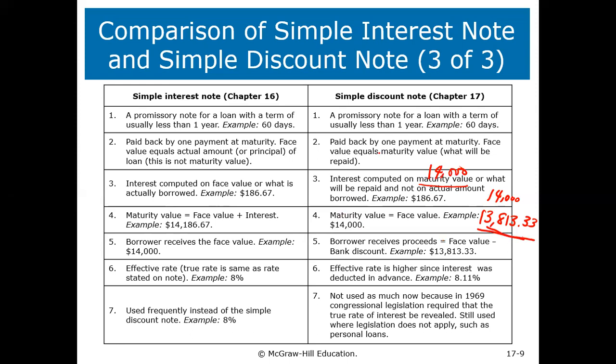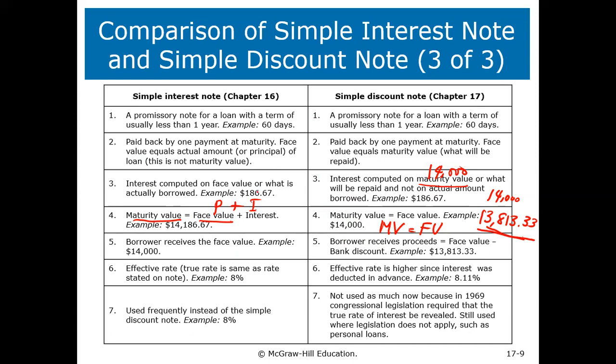Okay, so for the simple interest note, the maturity value is equal to the face value or the principal plus the interest. So that's the maturity value. For a simple discount note, the maturity value is equal to the face value.